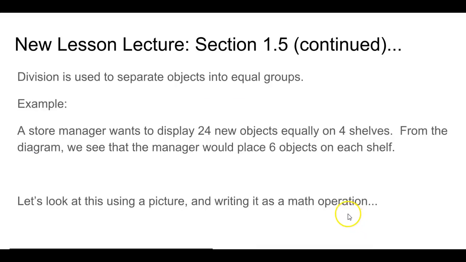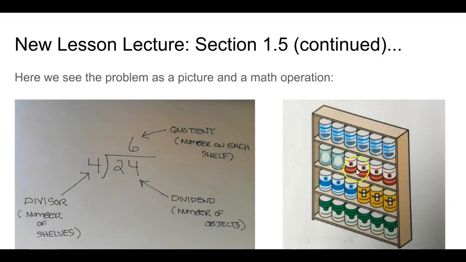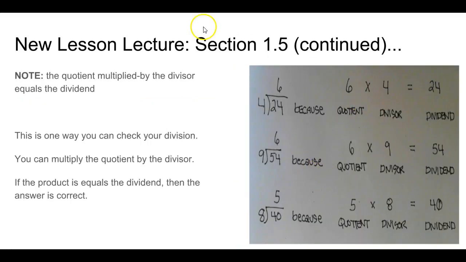So he's going to use division to do that. When he takes the 24 cans and divides them into 4, it separates them into groups of 4. Each group of 4 is going to have 6 cans in it, just like we see here in this picture. Okay, so let's go ahead and continue.